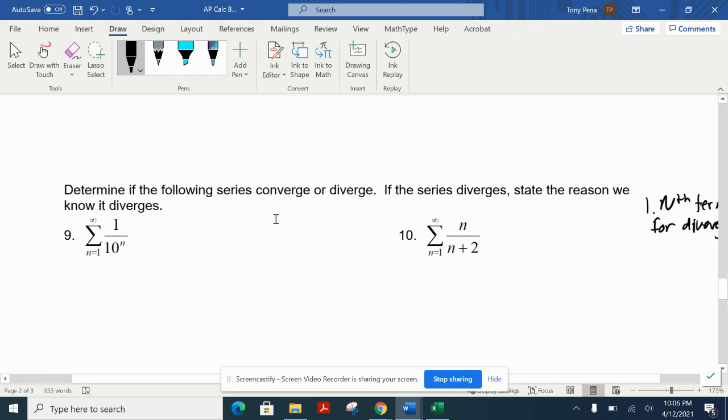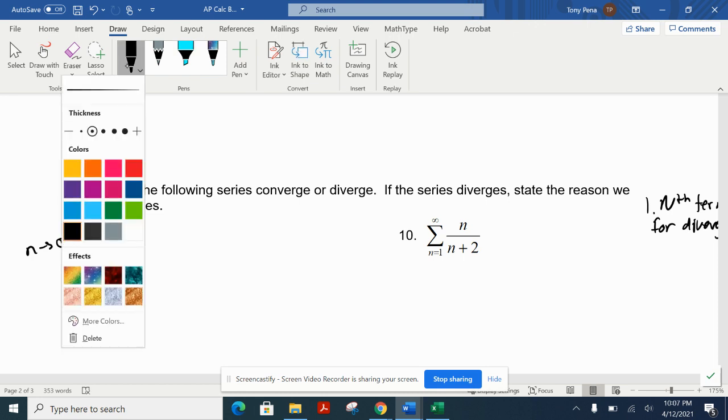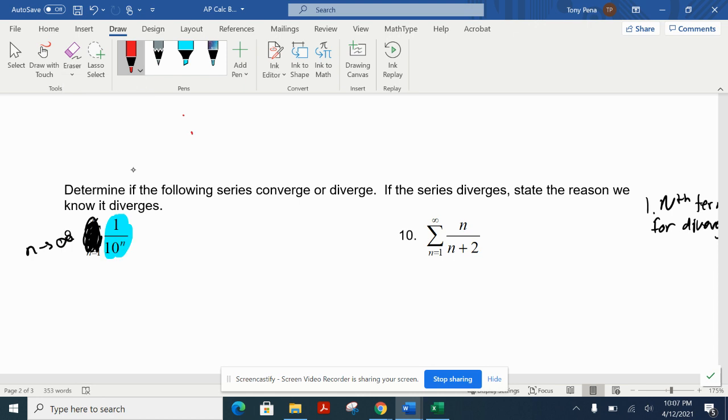So if we go to number 9, let's do that first. What the nth term test is, again, this is what we did in yesterday's notes. Don't do this to yours. But if I cross that out and it's no longer a sum and we're just talking about a sequence of numbers, what has to happen is that this guy here, as we go to infinity, has to have a limit of 1. So if we look, hopefully we agree that the faster growing function is on the bottom.